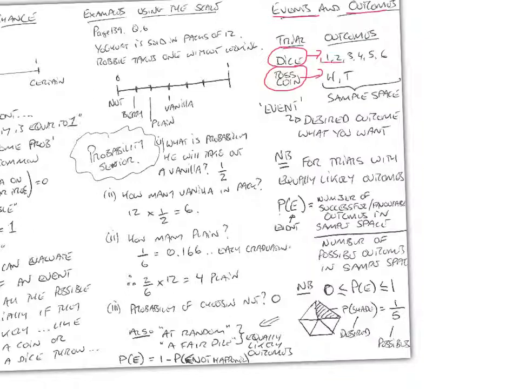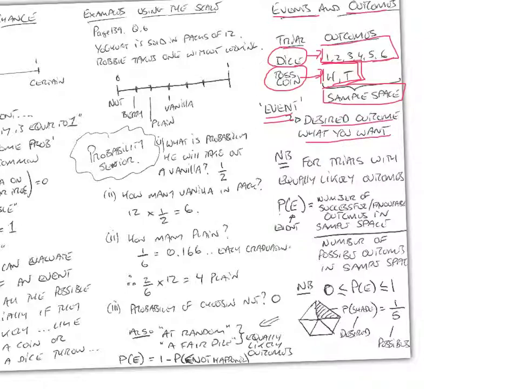So for the dice, you'll get a 1, a 2, a 3, a 4, a 5, or a 6, 6 equally likely outcomes, whereas if you toss a coin, there are 2 equally likely outcomes. It'll either be a head or a tails. And when we write down these likely outcomes, that's known as the sample space. An event then is that desired outcome that you want.